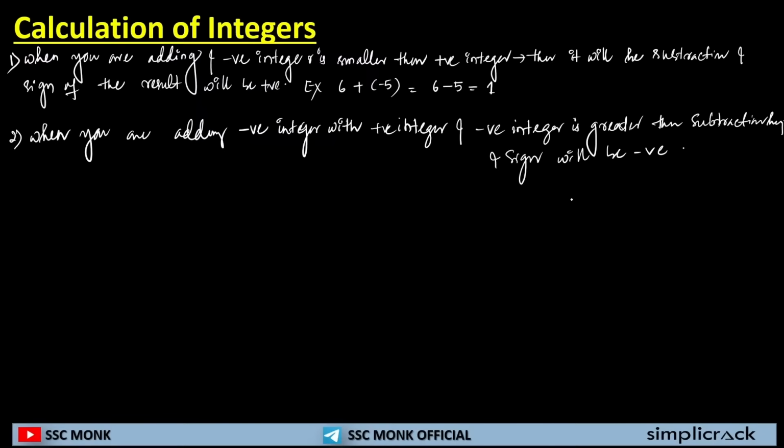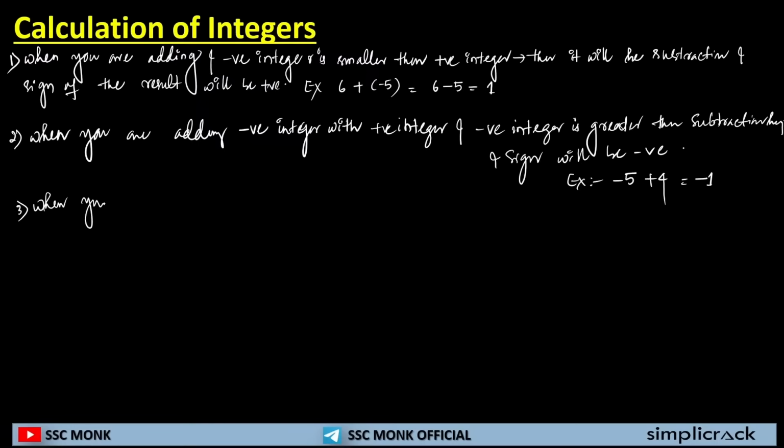That means here if I add for example minus 5 plus 4, this will be simple subtraction. 5 minus 4 is equal to 1 and the sign will be minus 1. Clear? Simple.